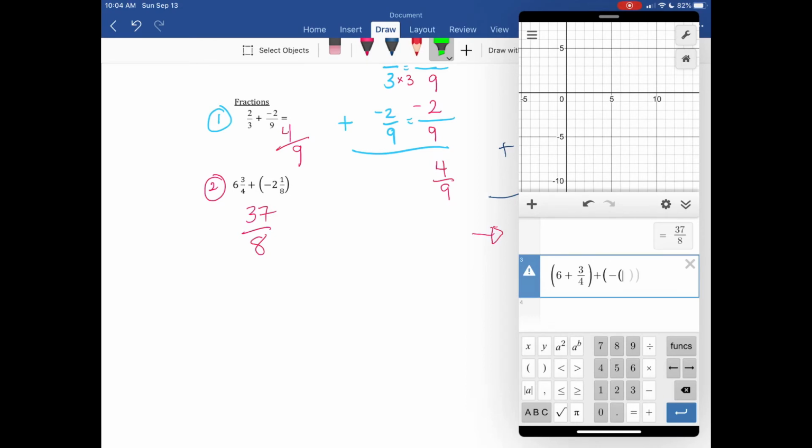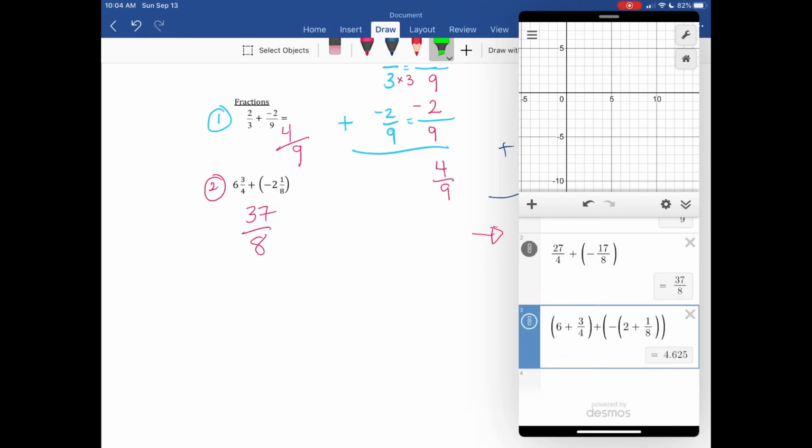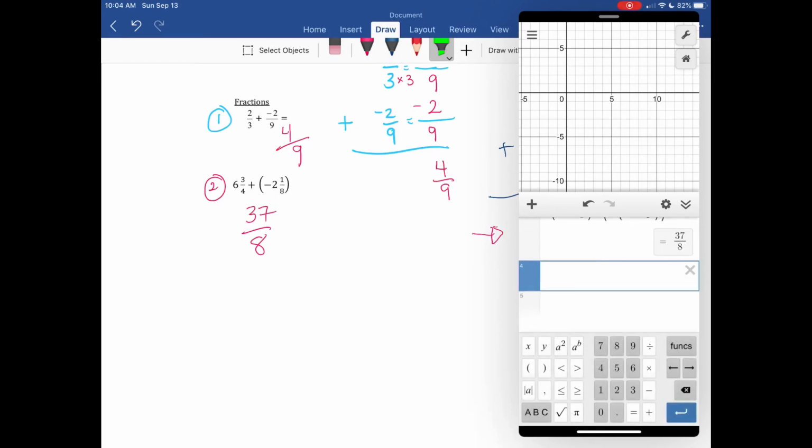I want that whole expression to be negated. So it looks like this, -2 and 1/8. And then again, if we hit the fraction button, we can see that that's 37/8.